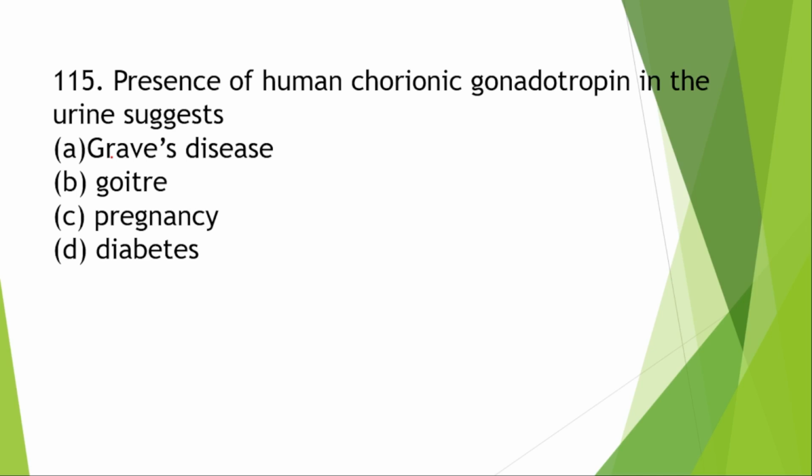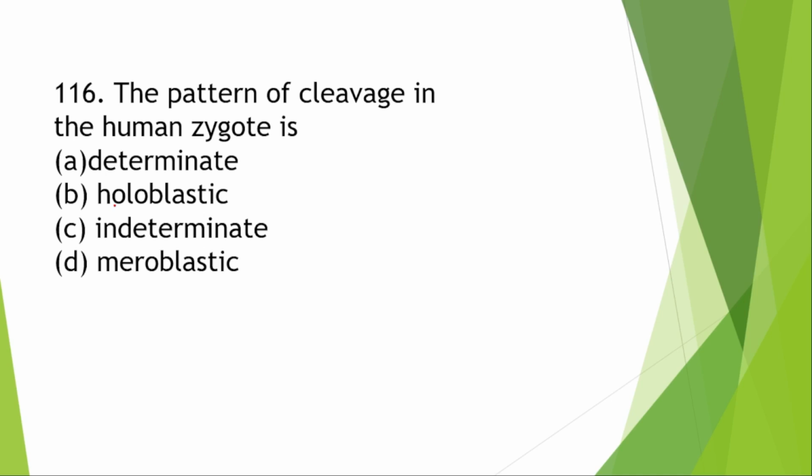Next, 115. The presence of human chorionic gonadotropin in the urine suggests A. Graves' disease, B. goiter, C. pregnancy, D. diabetes. So the presence of human chorionic gonadotropin, that is HCG, in the urine suggests pregnancy. 116.